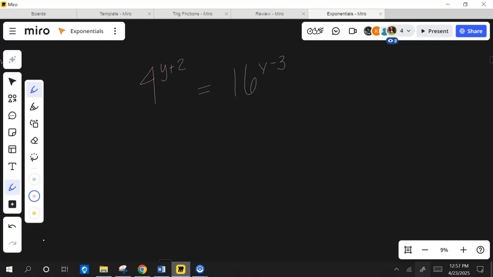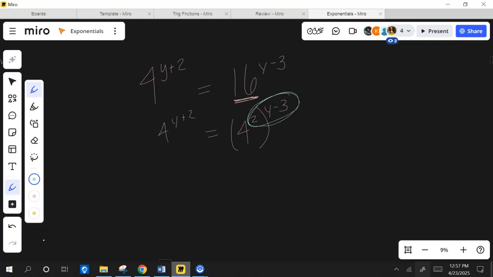All right, tell me what I can do. What can I force the base to be? 4, right? So this would stay. I'm going to change, yep, you just multiply. I'm going to change this to 4 squared, and then the y minus 3 is still there. So whenever I do this, this is distributing through to everything, okay?